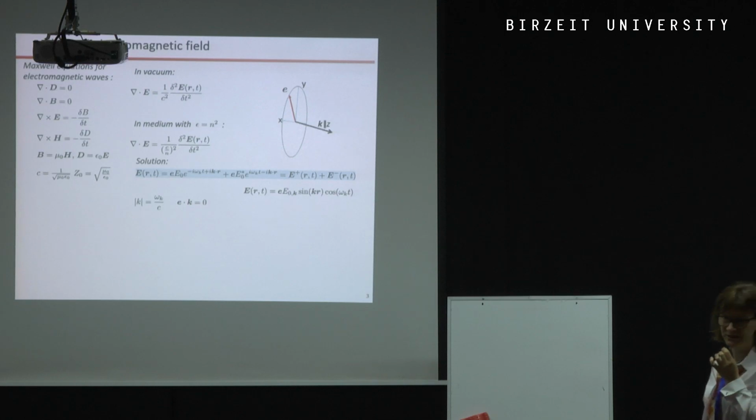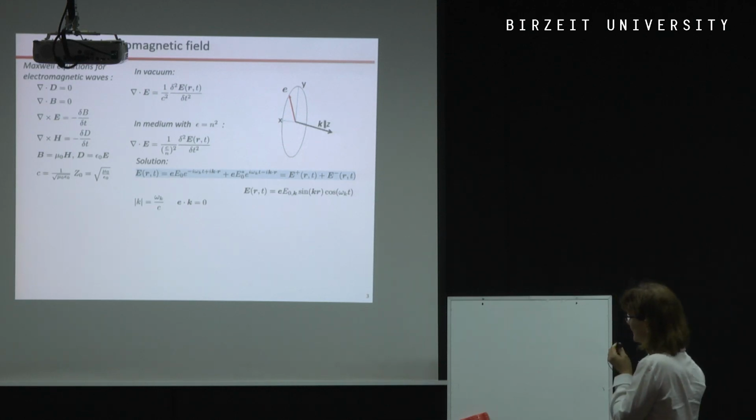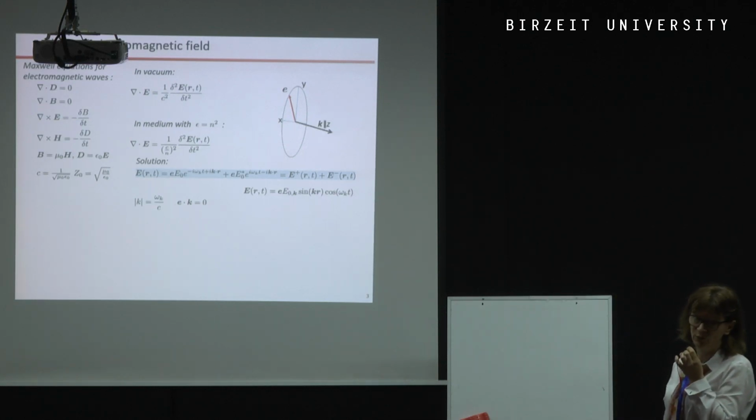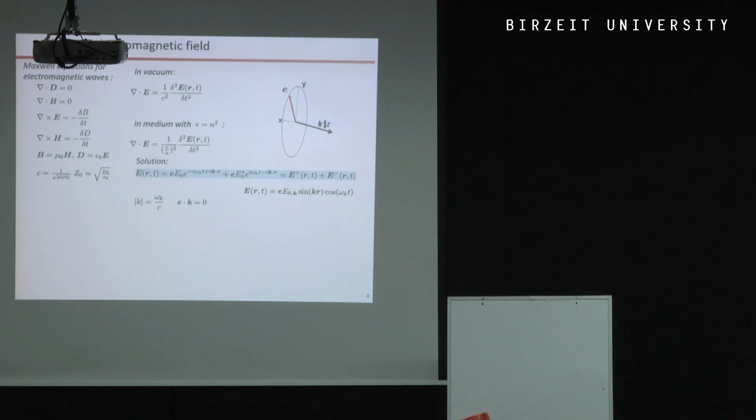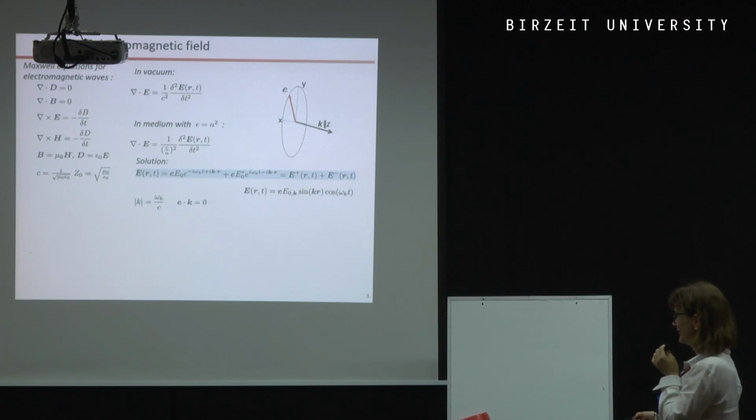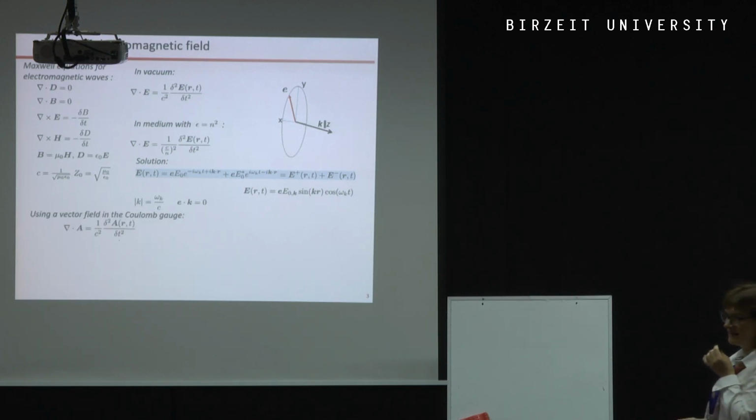This is only a mathematical trick. These are complex numbers which we don't measure. What we actually measure is only the real part of it. So we are not violating any laws yet. And again, when it comes to go into quantum description of light, it's very convenient to fold these equations.